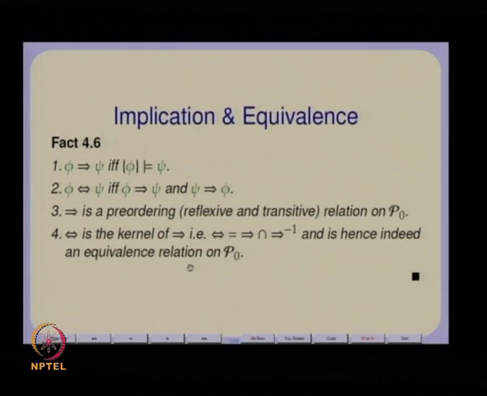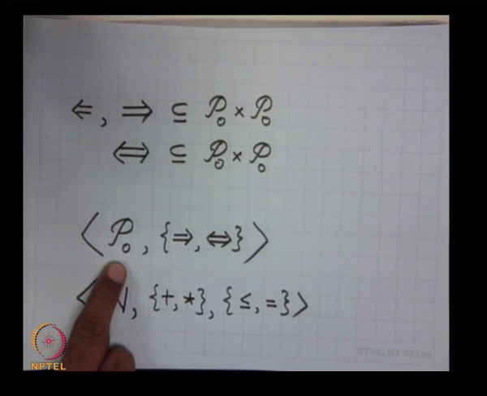So it is reflexive, transitive and symmetric, right? So essentially if phi is logically equivalent to psi, then psi is also logically equivalent to phi. So it's an equivalence relation in the standard way in which we talk about relations on sets. And the set here is the set of propositional sentences defined over an infinite collection of atoms, right?